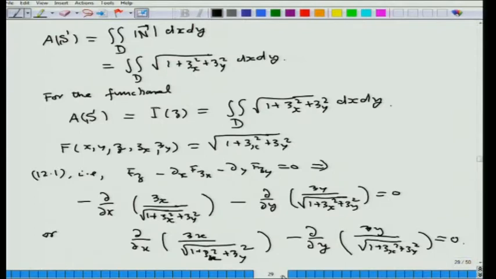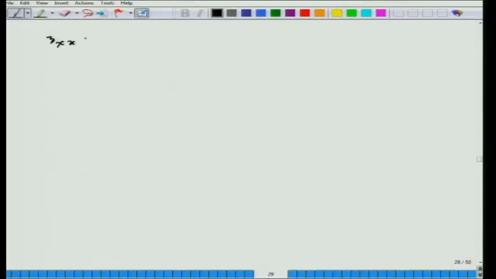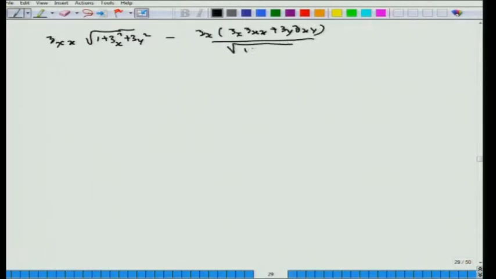So here, using the u upon v derivative formula, you get z_xx square root of 1 plus z_x squared plus z_y squared minus z_x into z_xx plus z_y z_xy over square root of 1 plus z_x squared plus z_y squared, over 1 plus z_x squared plus z_y squared.